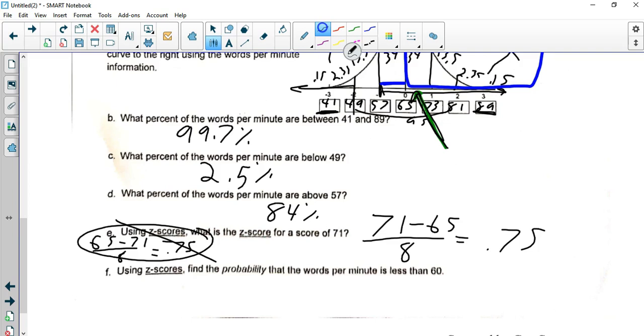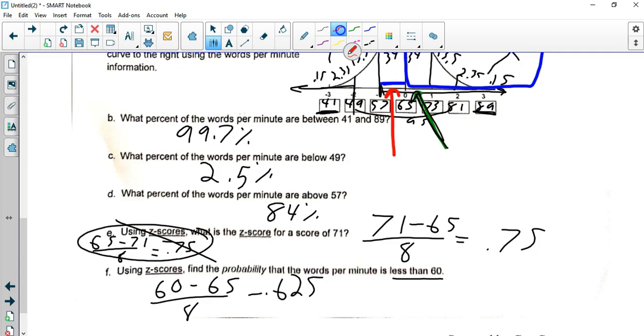And then, now, the last thing, we're going to find the probability of less than 60. So, same thing. We're going to do 60 actual minus 65 divided by 8. That gives us negative 0.625. And that makes sense because 60 is right here, below the mean on the left side of 0, so it should be negative.